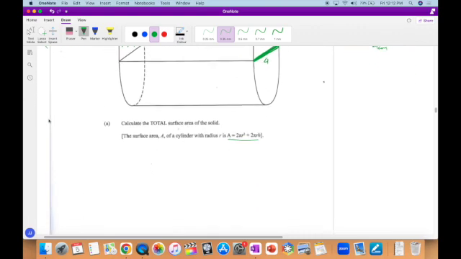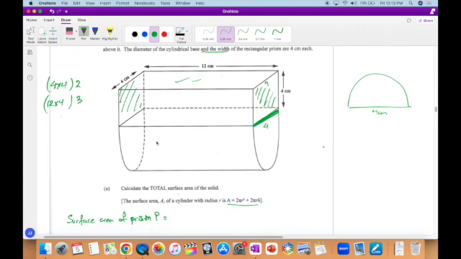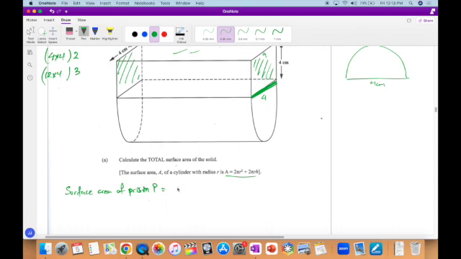So the surface area of the prism, let's call it P, will be 2 times the area of the square plus 3 times the area of the rectangular surfaces.